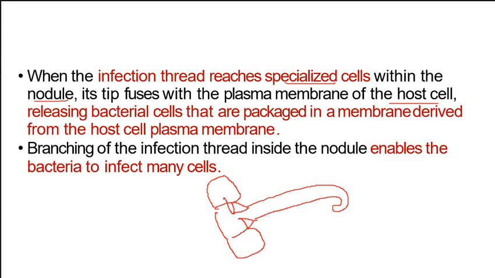Now they will branch and they will grow further. Now there will be a signal from the host cell to not divide anymore, not grow anymore. When that signal is received, what will happen? They will not grow anymore, but the bacteria are now released into the cell.